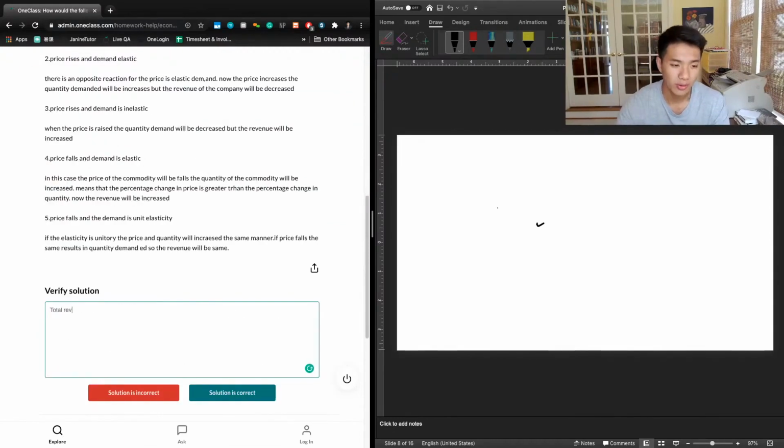So total revenue is given by TR is equal to P times Q. Elasticity of demand is given by ED is equal to percentage change in Q divided by percentage change in P. Demand is said to be inelastic if ED is less than 1, elastic if ED is greater than 1, and unit elastic if ED is equal to 1.